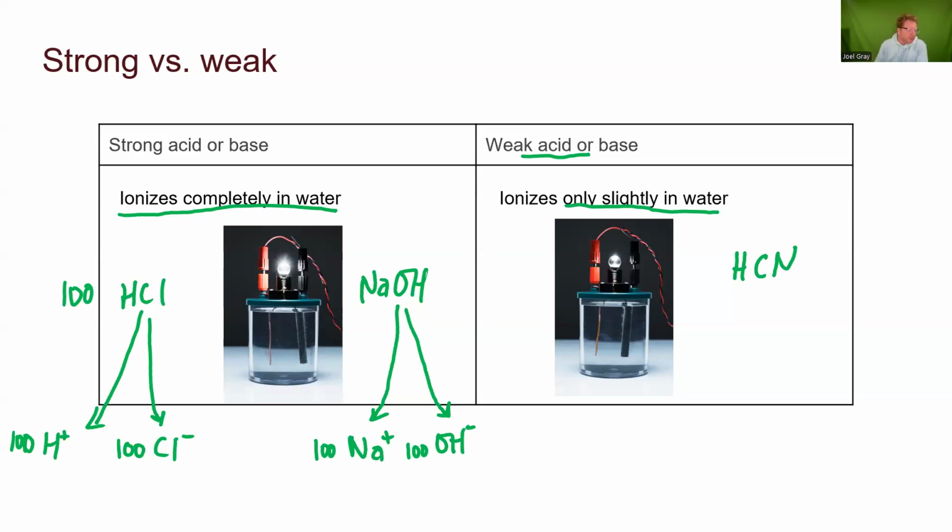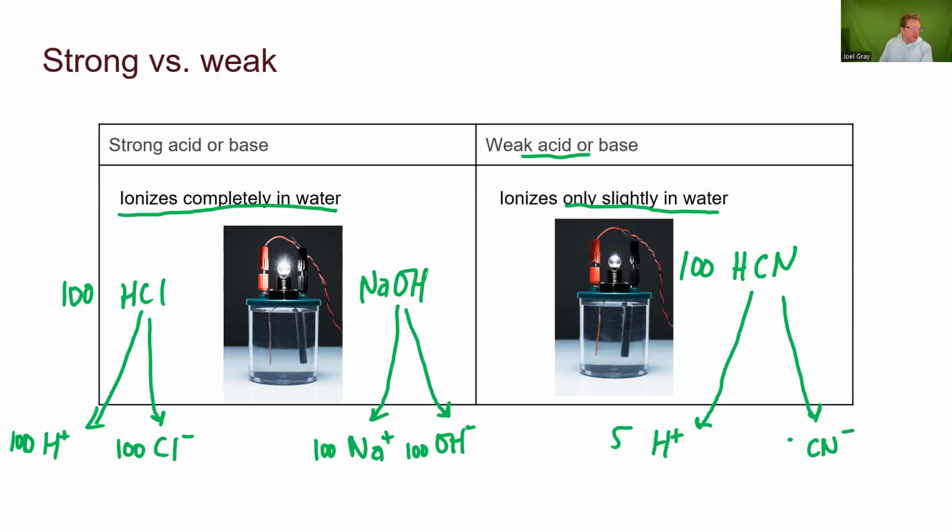What that will separate into is ions. But the important part is the numbers that it will separate into, H plus and CN minus. So if you had 100 molecules of HCN and you added it to water, what would result is you'd get, let's say, 5 hydrogen ions. How many CN minuses would you get?